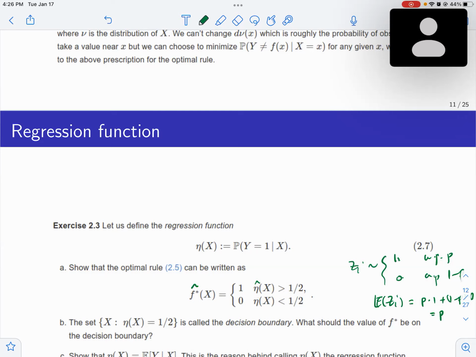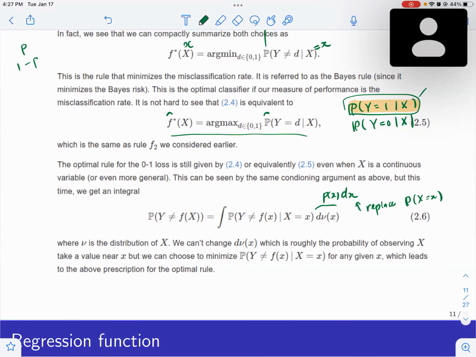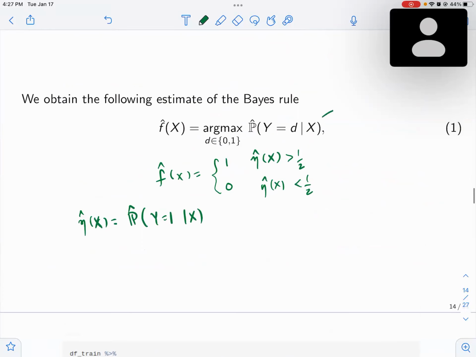I just have to plug this in, like a plug-in estimator. Just plug in my estimate for eta into this, and then we're done. Or plug it into here, and you're done. This is sometimes called the plug-in estimator. If you hear it, plug-in estimator. These terminologies are helpful if you run into plug-in estimator of the optimal rule, optimal Bayes rule.